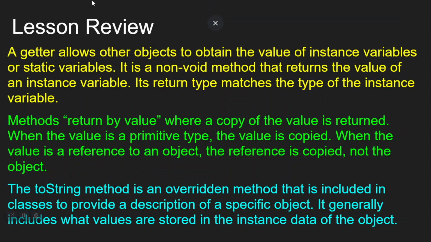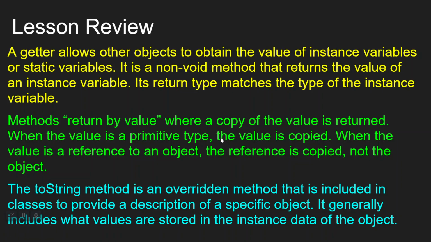All right, guys, well, lesson review. Just remember that a getter allows other objects to obtain the value of instance variables or static variables. It is a non-void method that returns the value of an instance variable, and its return type must match the type of the instance variable. Methods return by value, where a copy of the value is returned.